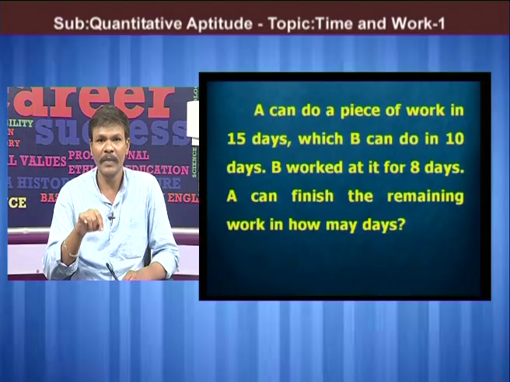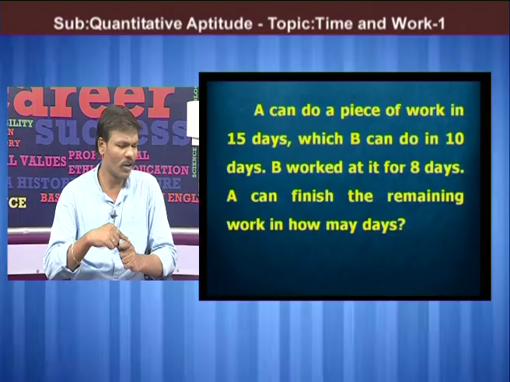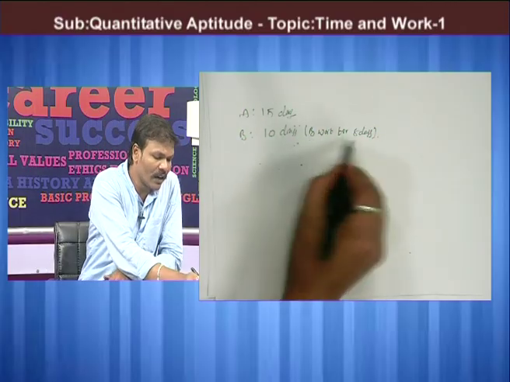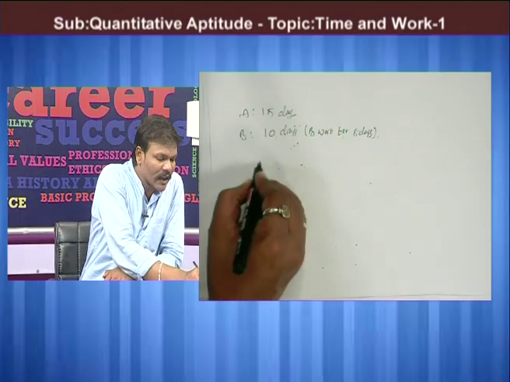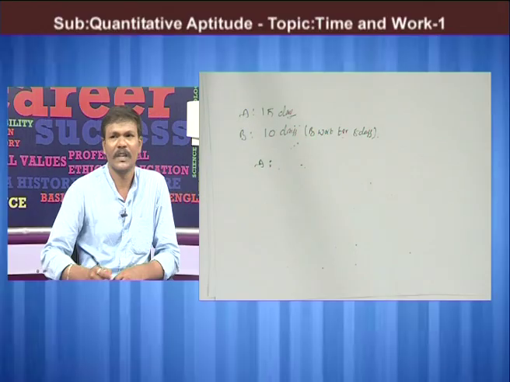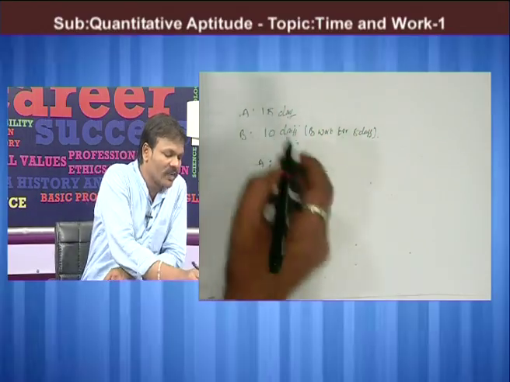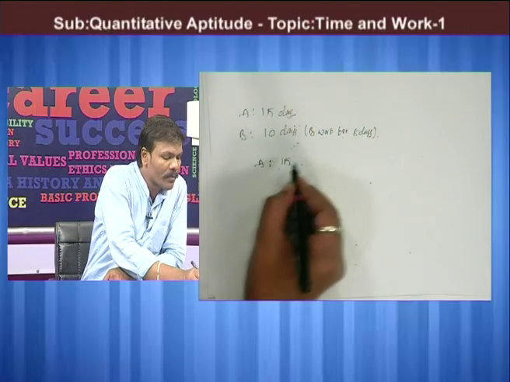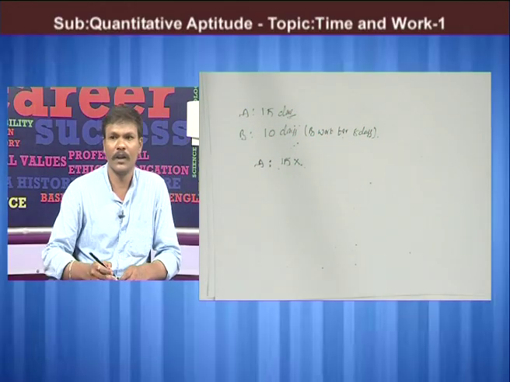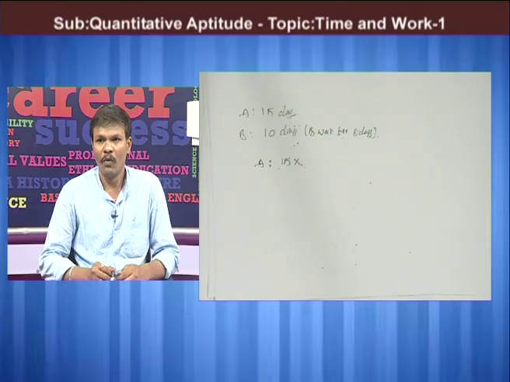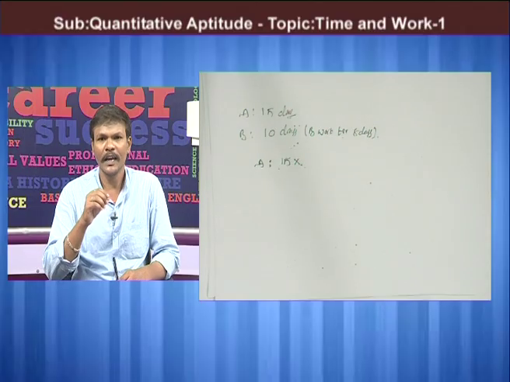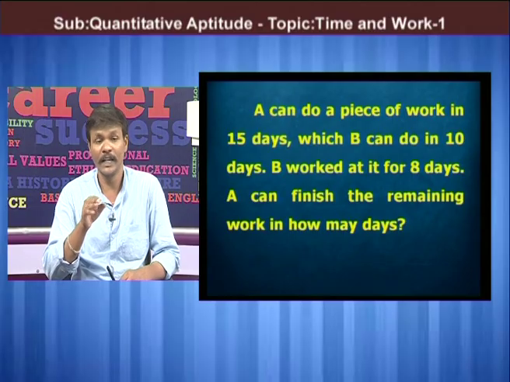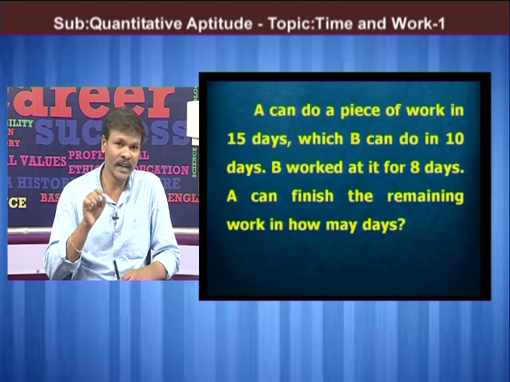A can finish the remaining work in how many days? After B works 8 days, in how many days can A complete the work? A actually completes the work in 15 days, but he does not need to complete the whole work, only the remaining work.